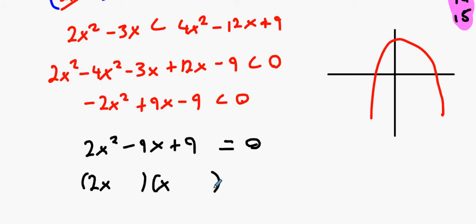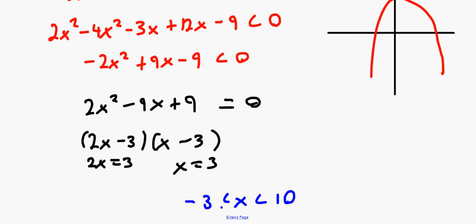And what do we do in here? Anybody got the factors? 3 and 3, is it? Yeah. Minus 3 and minus 3. Is that right, you guys? And the two answers will be x equals 3 or 2x equals 3, which means x equals 1.5 or 3 over 2.